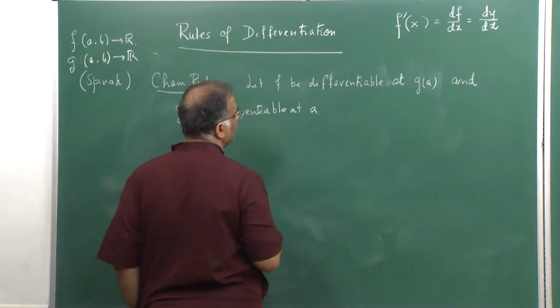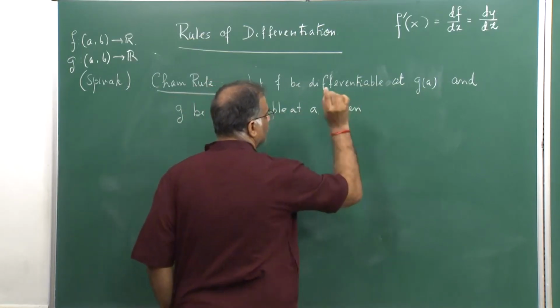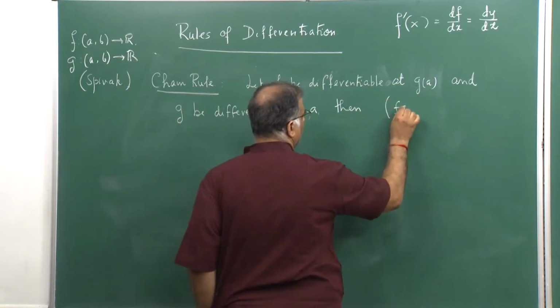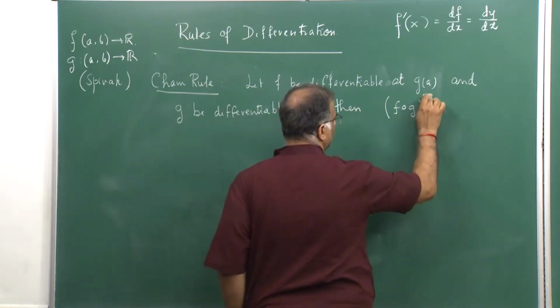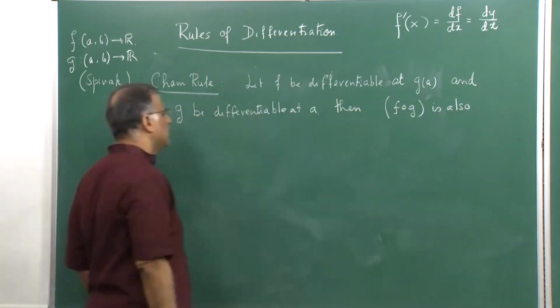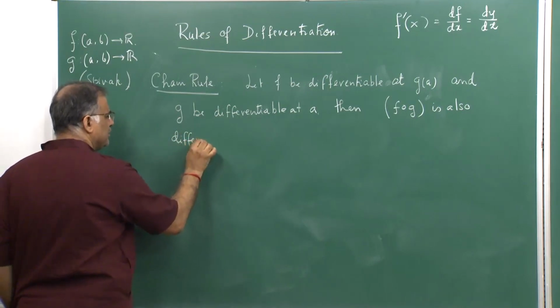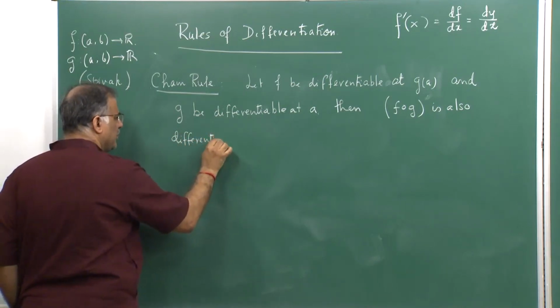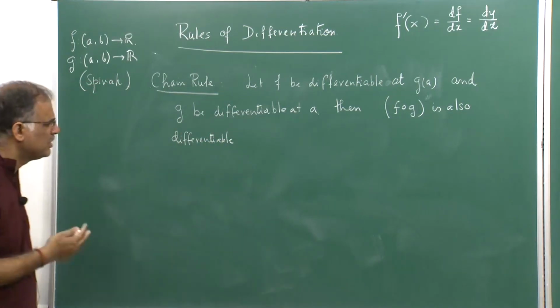g be differentiable at a, then f composed with g is also differentiable at a. See, we are not bothered much about the domain and range of f and g, this is obvious.